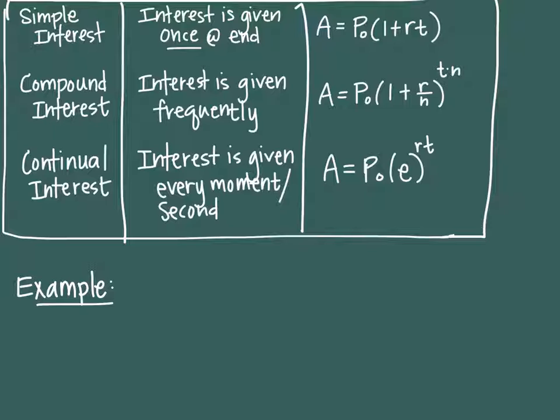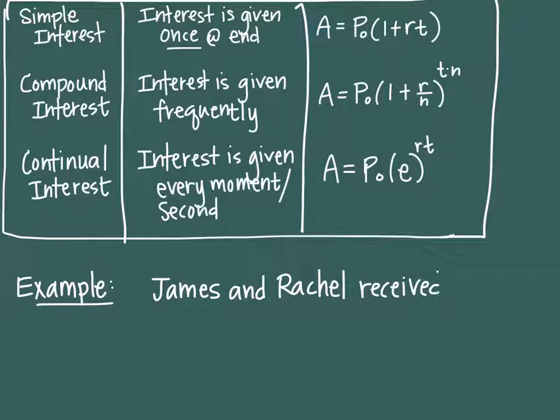Okay, so let's assume James and Rachel each got a gift when they graduated middle school. All right, so let's pretend that James and Rachel received a $1,000 gift from someone, and they said, we want you to save this for college.